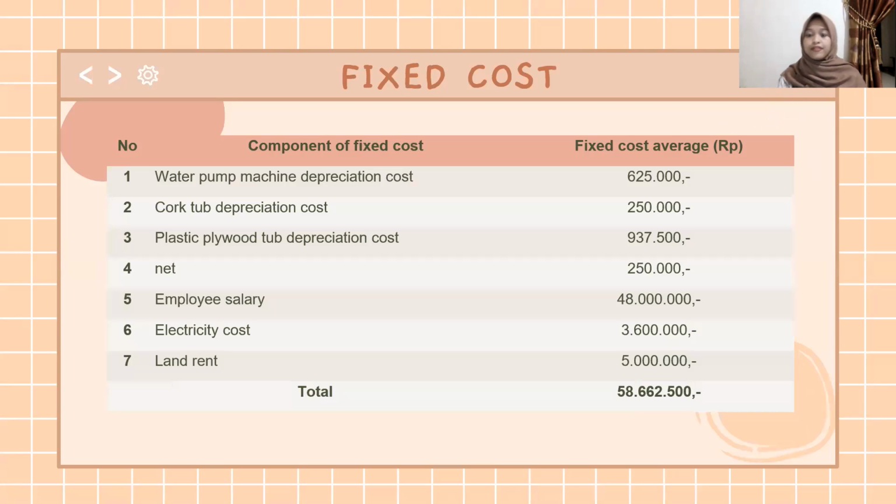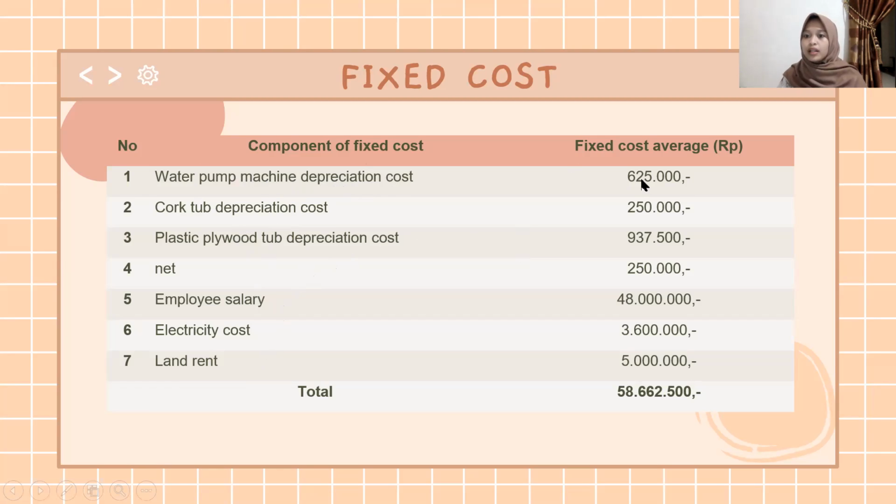This is the data of the fixed cost of the Sangkuriang catfish. There are 7 components of fixed cost: water pump machine depreciation cost, cork tube depreciation cost, plastic plywood tube depreciation cost, net, employee salary, electricity cost, and land rent.